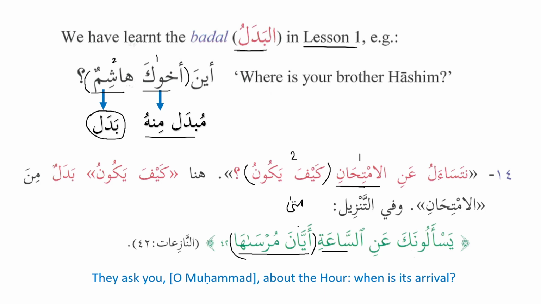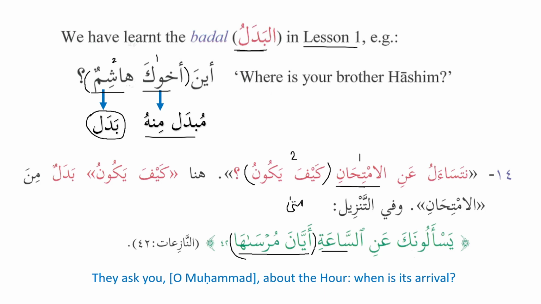Ayyana is not used in the middle of the sentence. That's number one. And number two, it is used for bigger events. Mursa is basically form number 4. Arsa yursi irsa'an, and mursa is maful bihi. And also the grammarians say it is masdar al-mimi because it starts with mim.